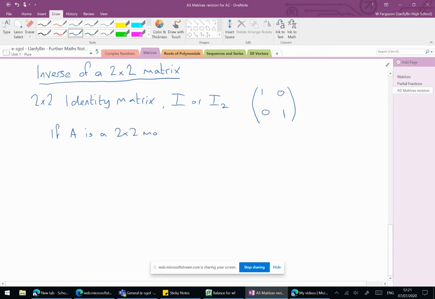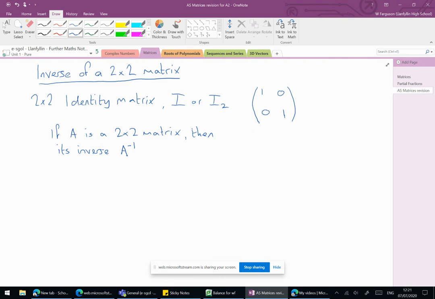Supposing I've got a matrix A, 2x2 matrix A, then its inverse we denote by, in common with lots of other uses of inverse type things, like inverse trig functions and that sort of thing, we use what looks like a power of -1.